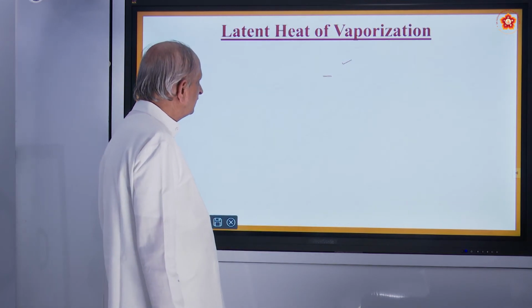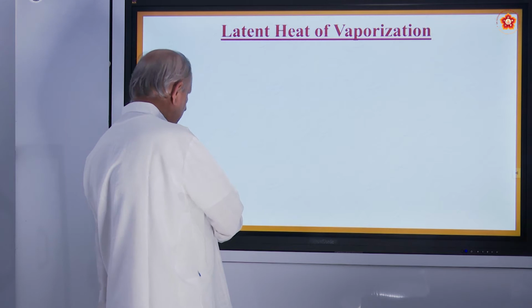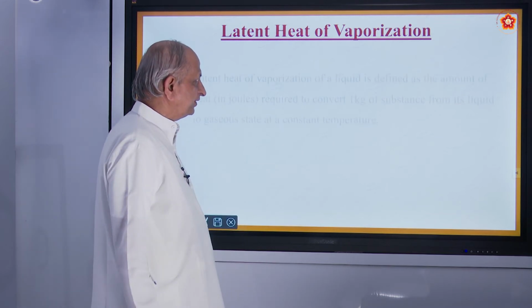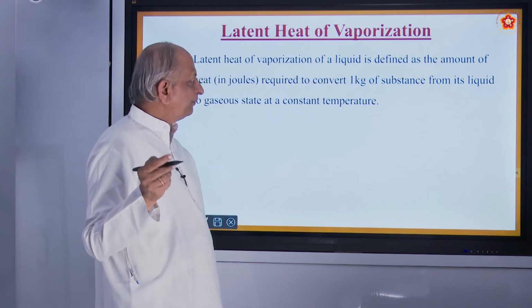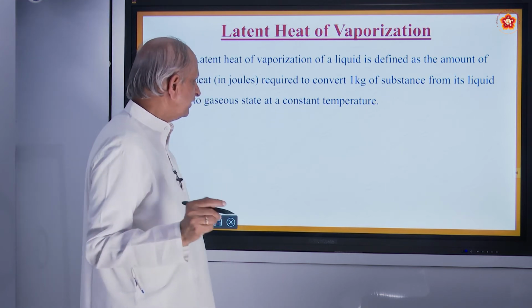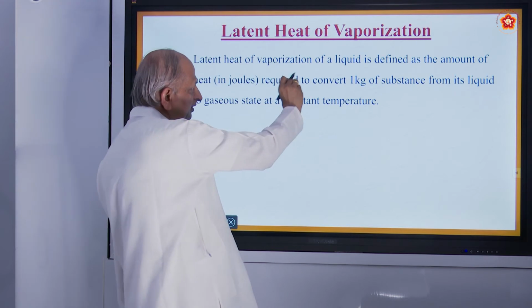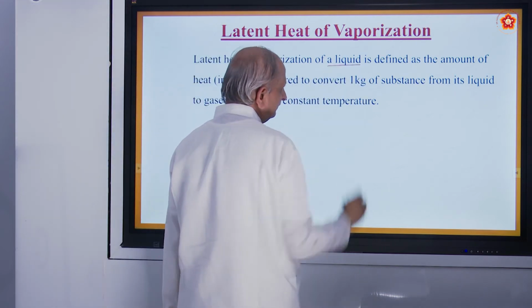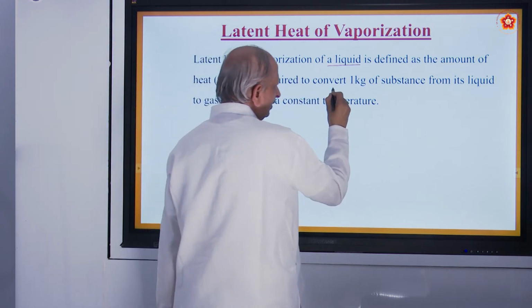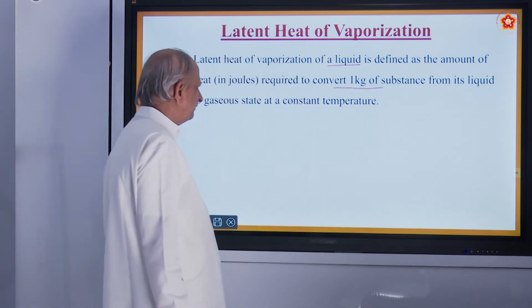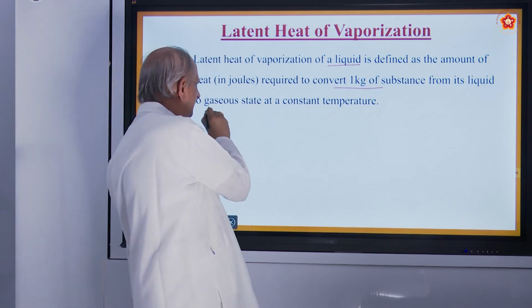Okay. And coming to latent heat of vaporization, previously we have studied latent heat of fusion of ice. Now it is vaporization of a liquid. It is defined as the amount of heat required to convert 1 kilogram of the substance from liquid to gaseous state.